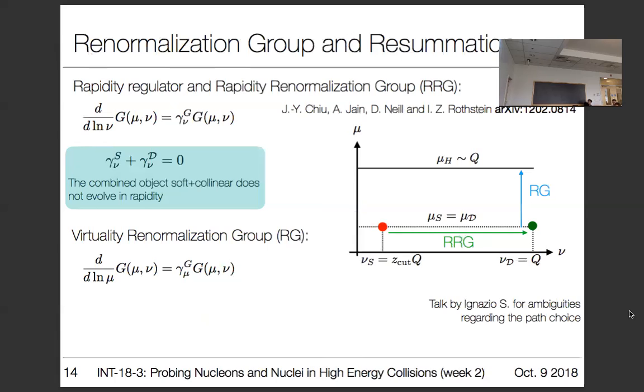Now, Ignacio talked about how to perform the rapidity evolution and the virtuality evolution, but here we choose just the traditional approach, where we first evolve in rapidity the soft function up to the collinear scale, and then evolve the product of the two from the soft scale up to the hard scale.